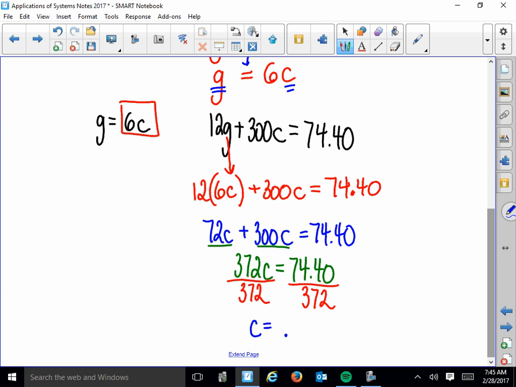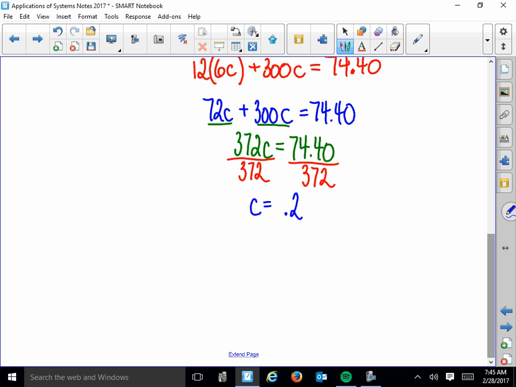That doesn't really mean anything to me in terms of money, so I have to recognize that this is the price of a craft stick. That price will be in dollars, and I need to make sure that I use a second decimal place. The cost is 20 cents per craft stick.